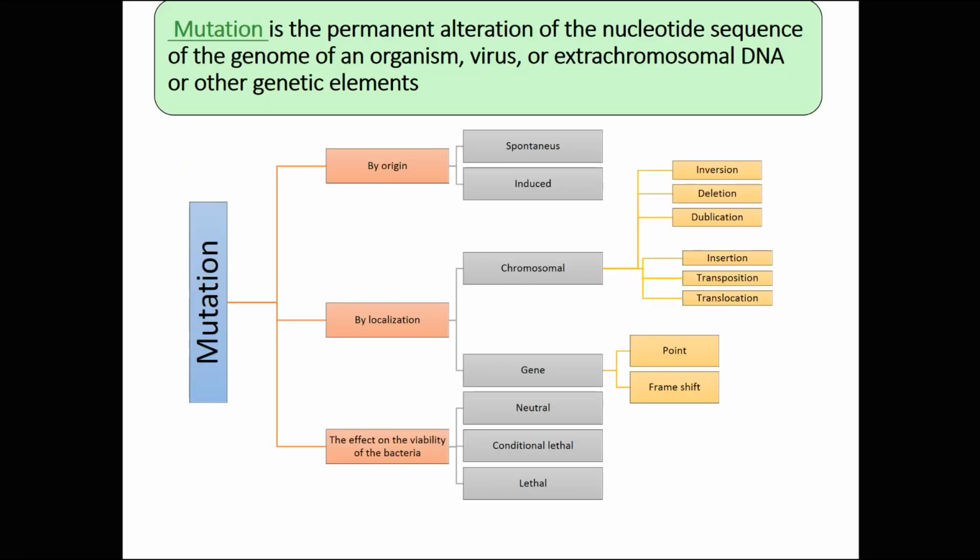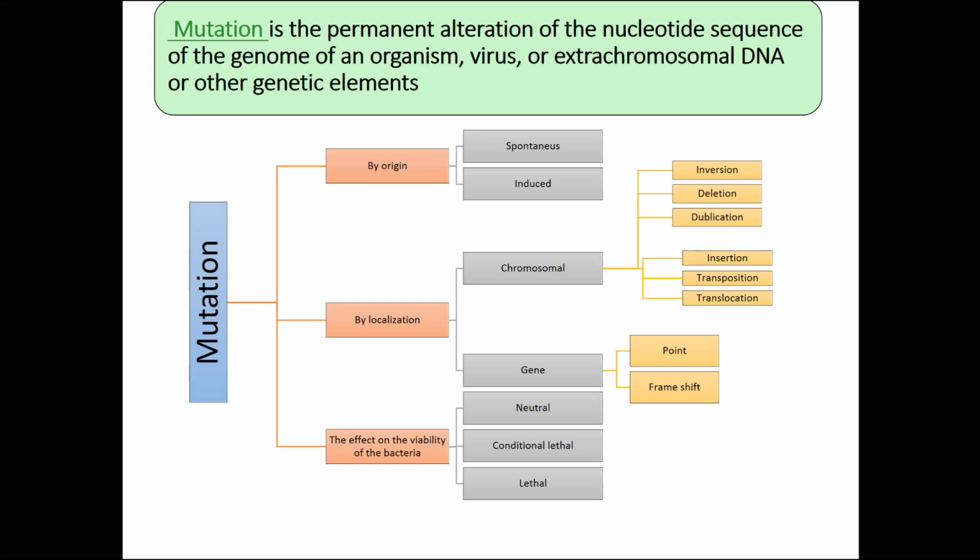Mutation is the permanent alteration of the nucleotide sequence of the genome of an organism, virus, or extrachromosomal DNA or other genetic elements. A mutation can be divided into three groups: by origin, spontaneous or induced; by localization, in chromosome or in gene.